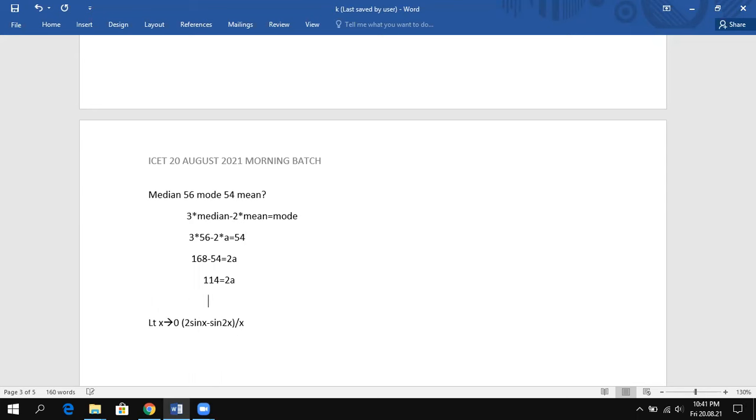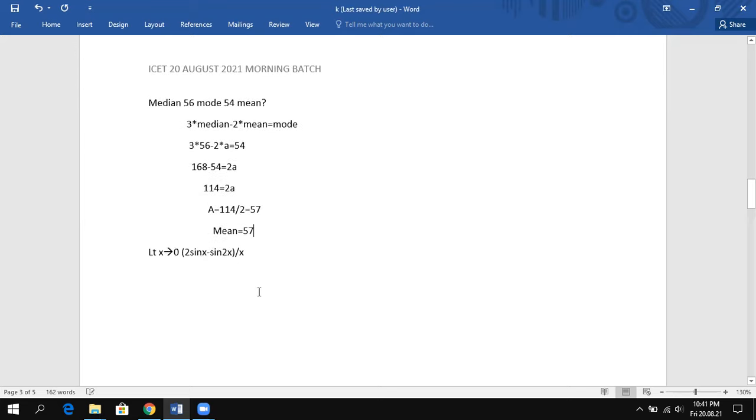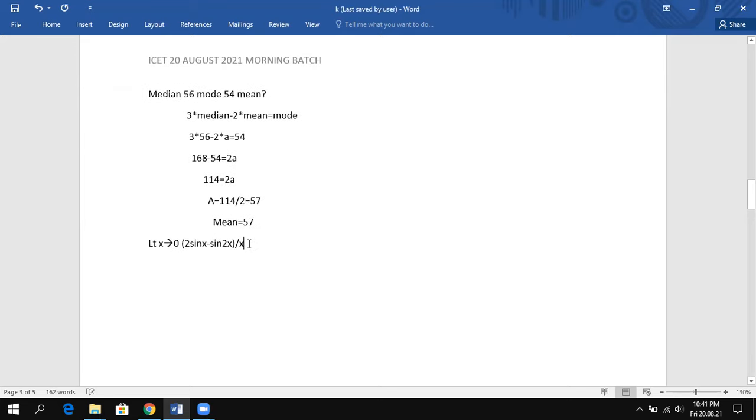So what is the value of a? a is 114 divided by 2, which is 57. So our answer is: the mean is 57.